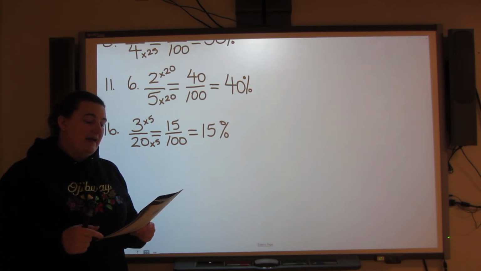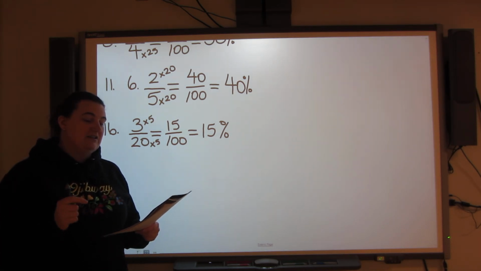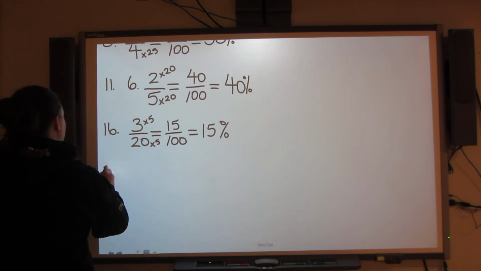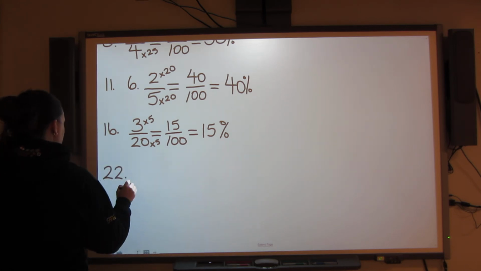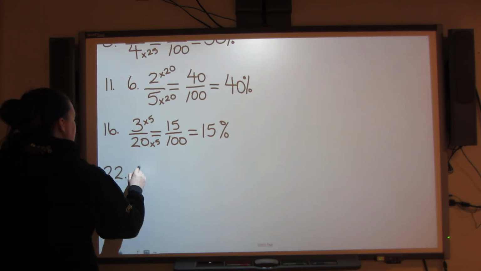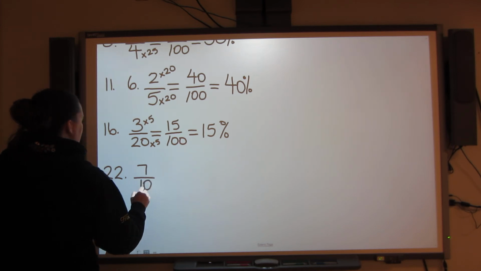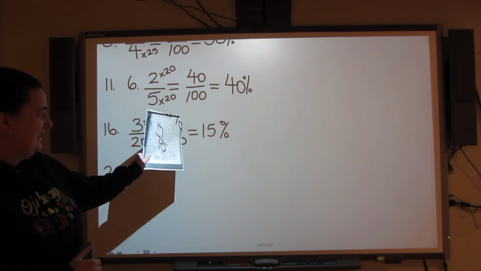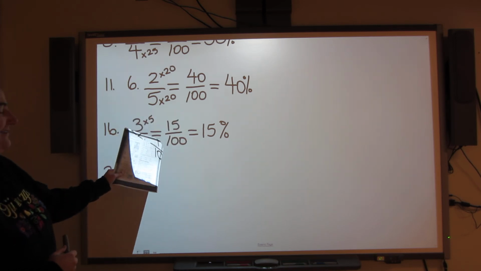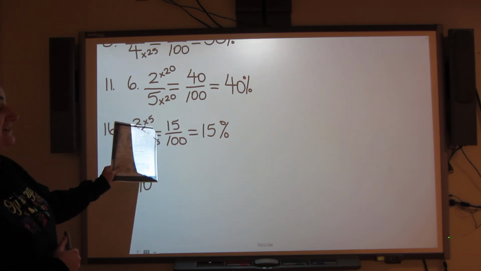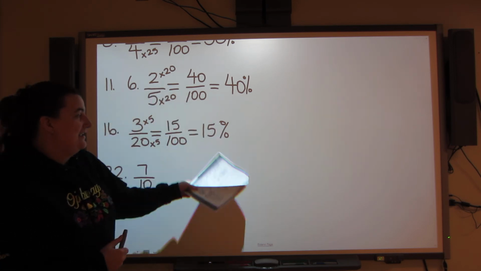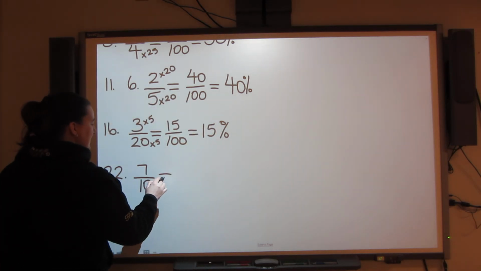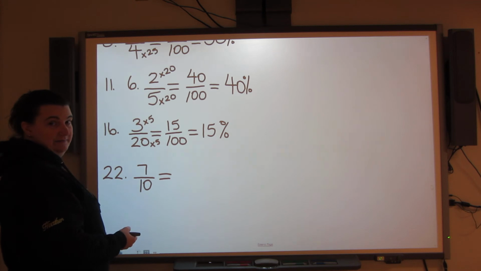All right, and then if you take a look at number 22, they give you a fraction, but this time you need to, on your own, change it to an equivalent fraction with a denominator of 100, and then write the percentage. So in this case, I have 7 over 10.